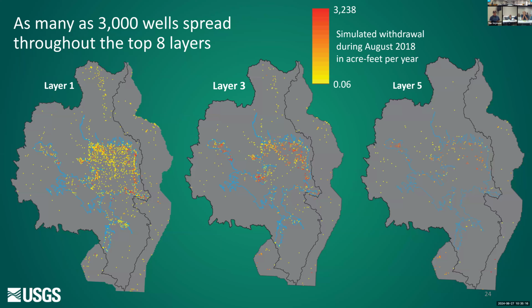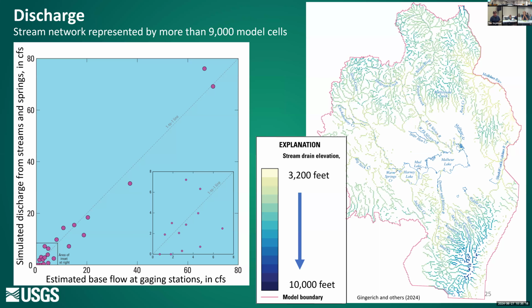And we can also match the discharge in the uplands from streams and springs. So we know that a lot of the recharge in the uplands is flowing to a nearby spring or stream and discharging right nearby in the uplands, and then eventually flowing down into the lowland.